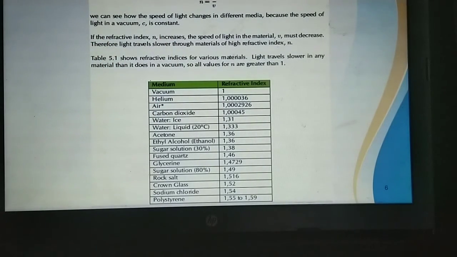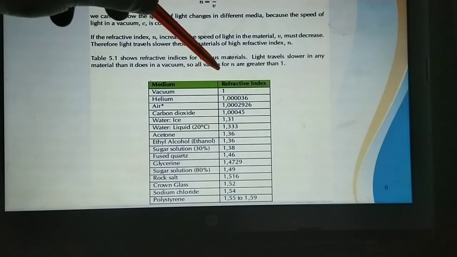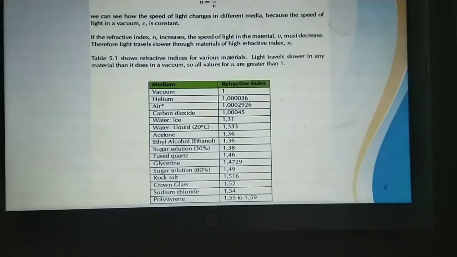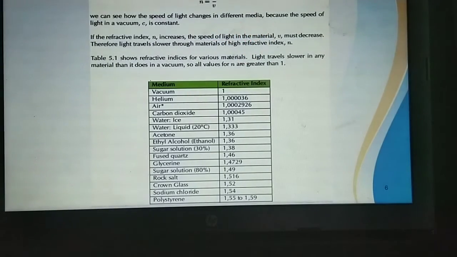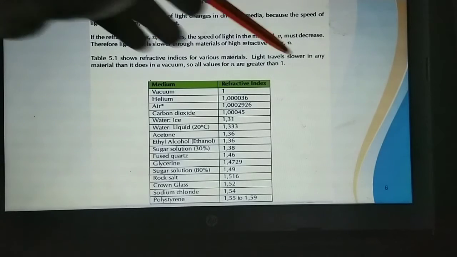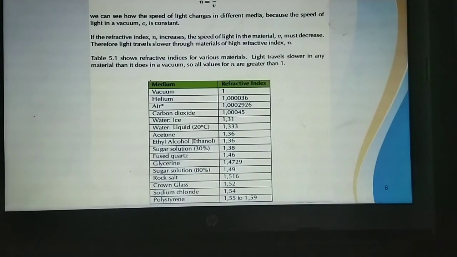If the values for N are greater than 1, light travels slower in any material. So if N is greater than 1, the light will travel slower than in a vacuum, or in empty space. You can go through this once again.